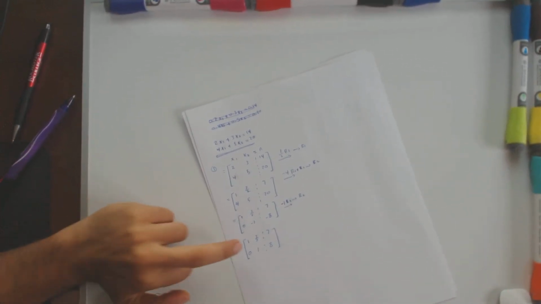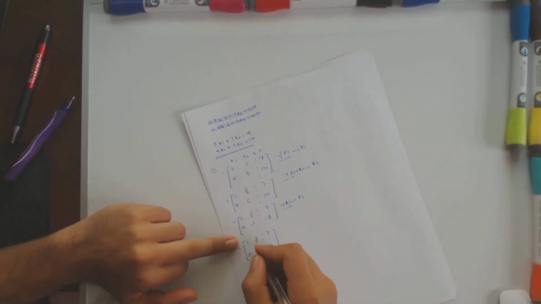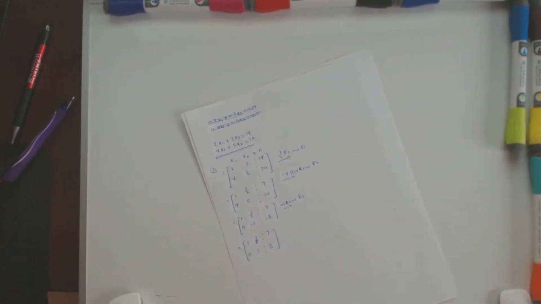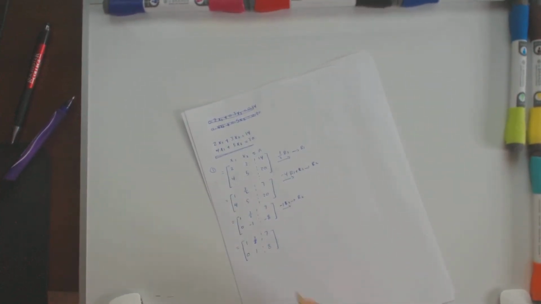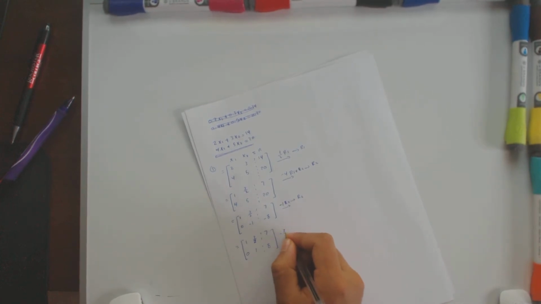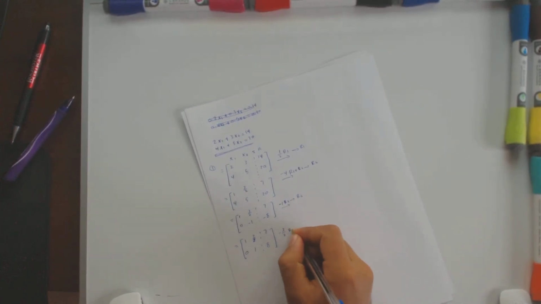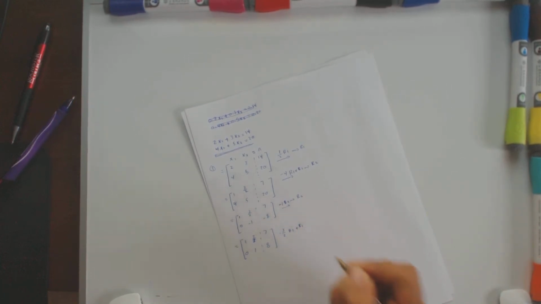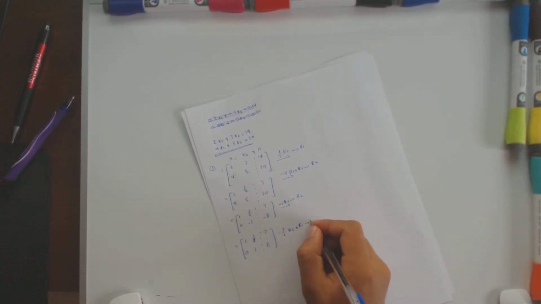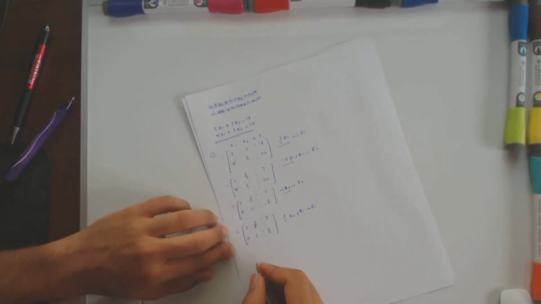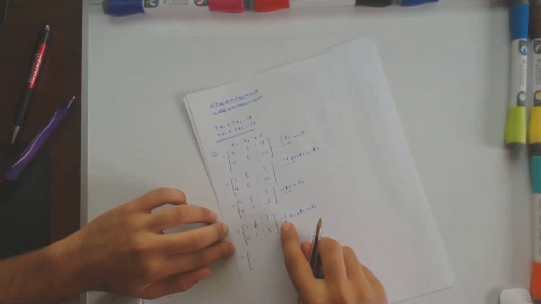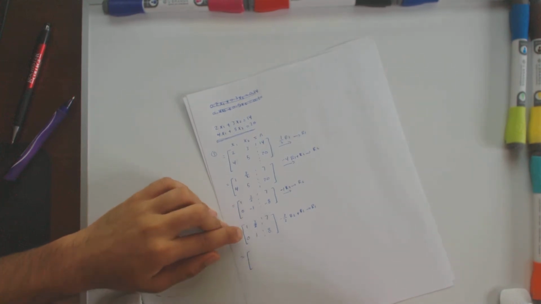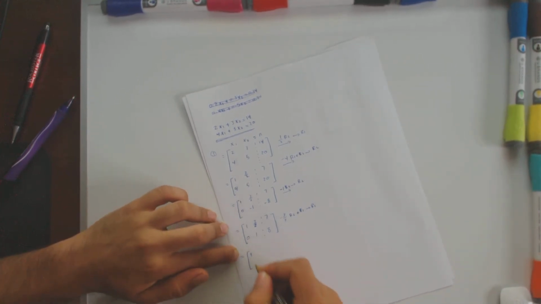Now let's try to make the 3 halves equal to 0. And I guess you know what the number will be. So negative 3 halves times R2 plus R1 will give us R1. Negative 3 halves times 0 is 0, plus 1, which is just 1.